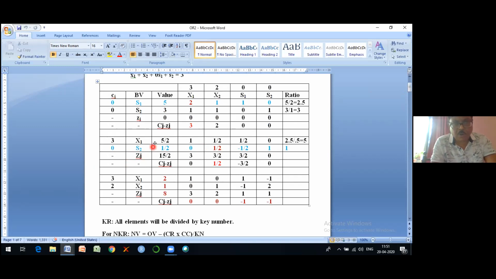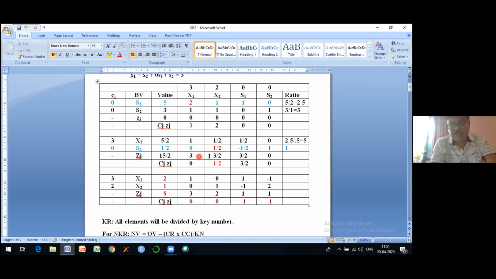The same procedure. This 5 by 2 into 3 plus half into 0. Then it is coming 3 into 5, 15 by 2 plus half into 0, 0. So 15 by 2. Then again 3 into 1, 3 plus 0 into 0, 0.